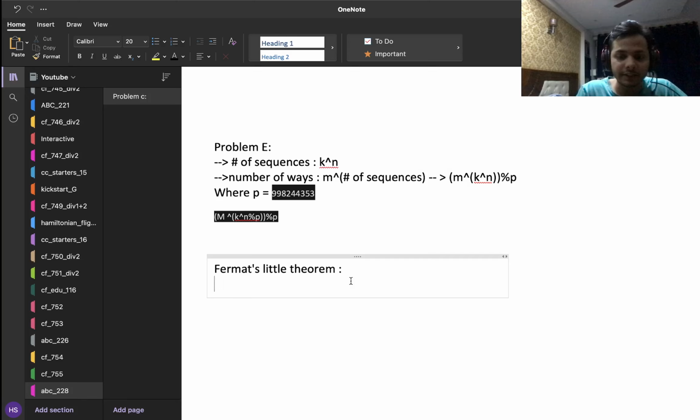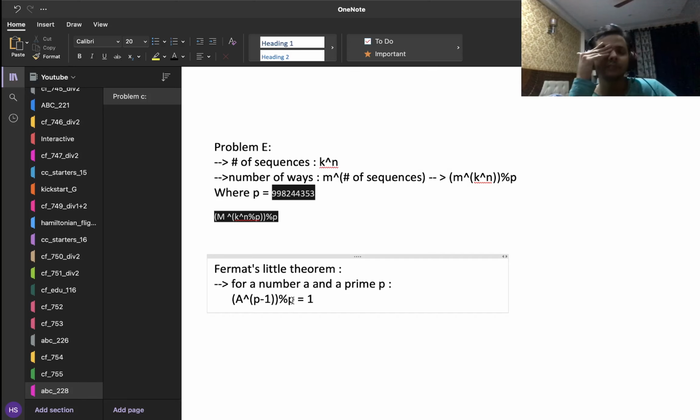Then Fermat's little theorem says that for a number a and a prime p, a property that always holds is that the remainder when a raised to the power p minus 1 is divided by p, so a raised to the power p minus 1 modulo p, is always equal to 1. So this is what Fermat's little theorem says.